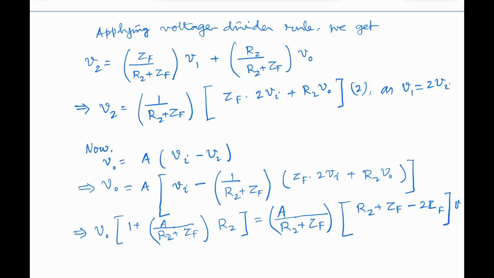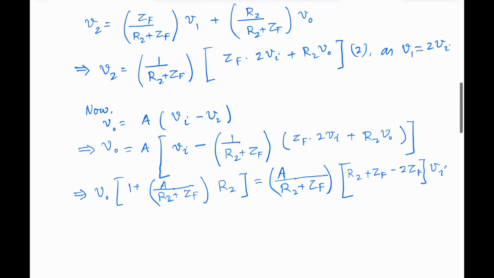So this is, I add it again to save a space, R2 plus ZF, R2 plus ZF minus 2ZF into Vi. Okay.